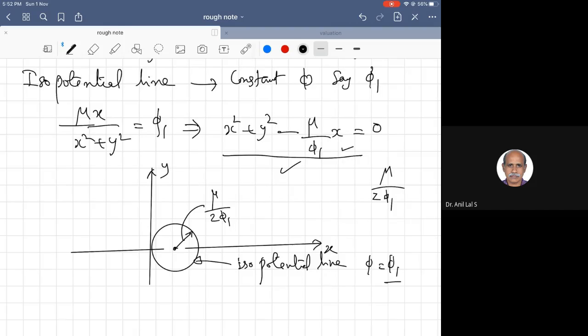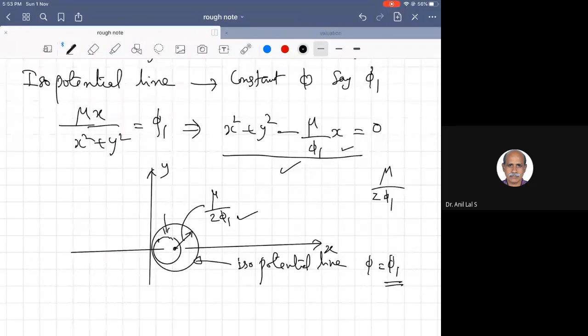So for higher values of phi, an increase of phi will cause the radius to reduce. So you will have another circle like this. The center will be coming closer and closer like that. It will continue, so you will have circles like that.